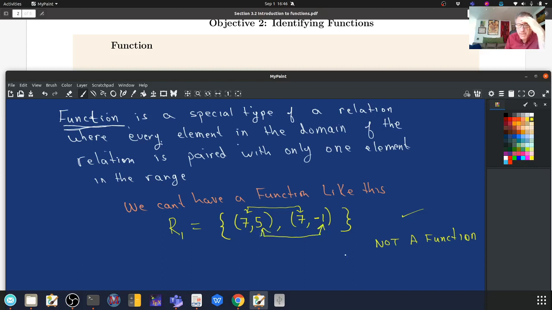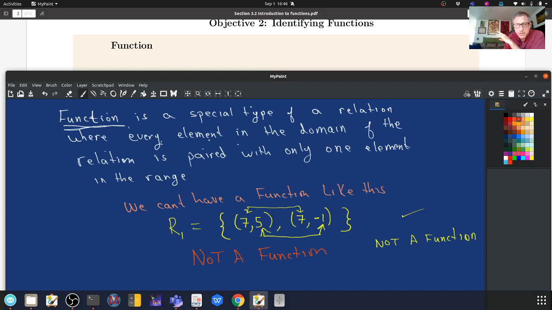Whenever you have that, it is not a function. So I just gave you a negative example rather than a positive example. So to recap, this is a relation but not a function.